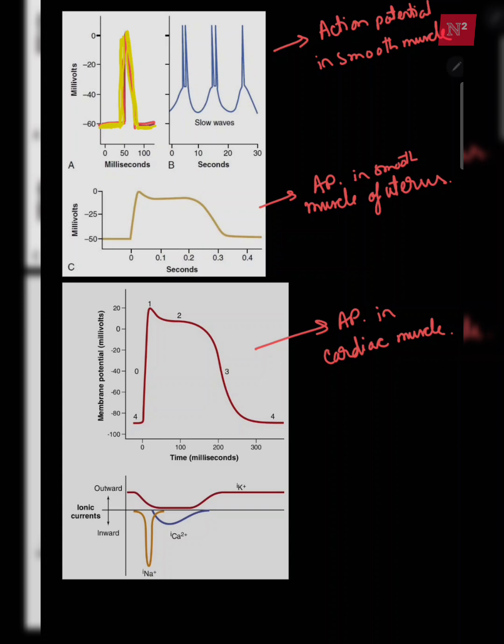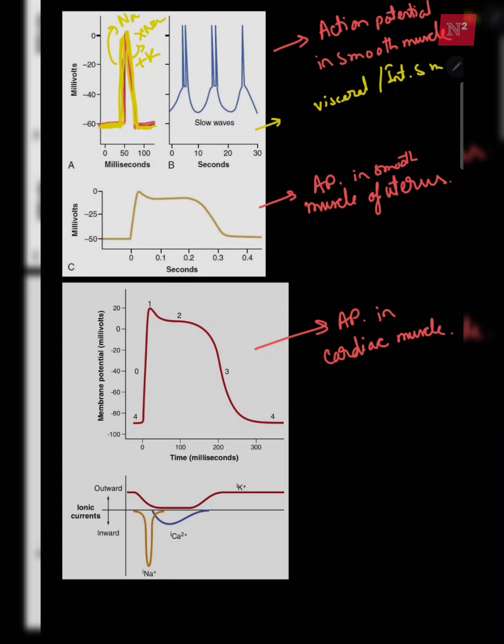So the depolarization is because of the opening of the sodium channels, and repolarization is because of closure of the sodium channels and opening of the potassium ion channels. Now specifically this particular curve that you can see is showing you the action potential in visceral or intestinal smooth muscles.